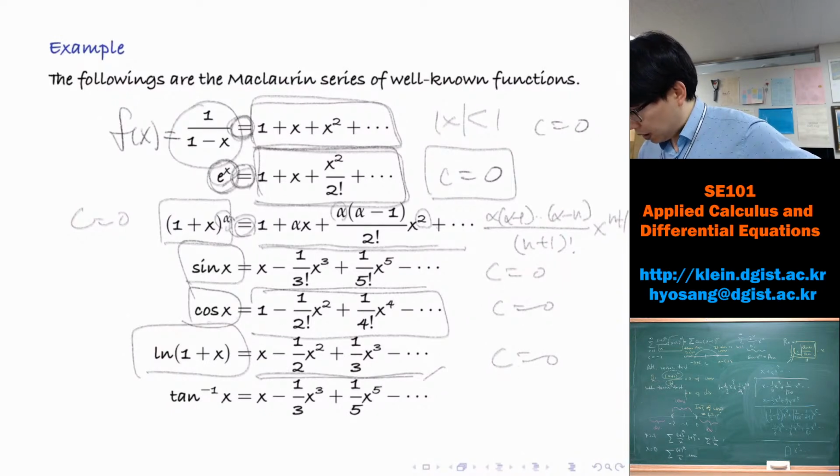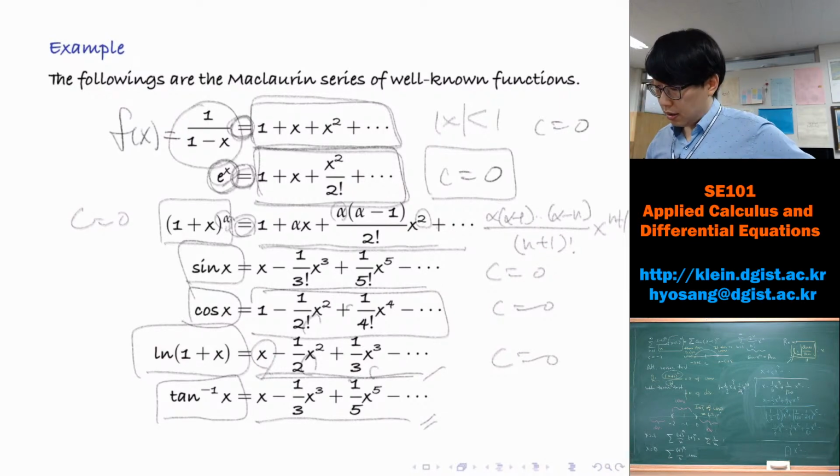The difference between cosine x and ln(1 plus x) is that you don't have a factorial here. And also you have an alternating sign change. And also it starts from x, not 1. And also you can take the Taylor series of inverse tangent as this form. Also there's no factorial. So these are the useful Taylor series.